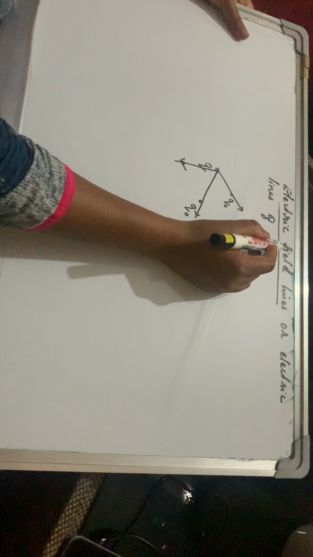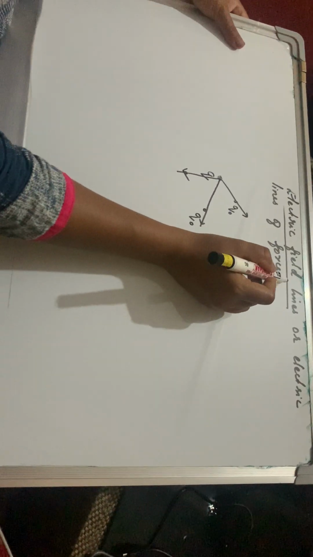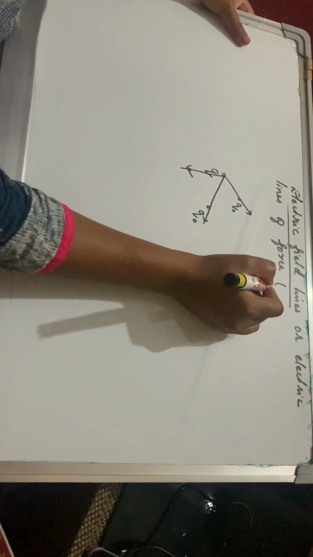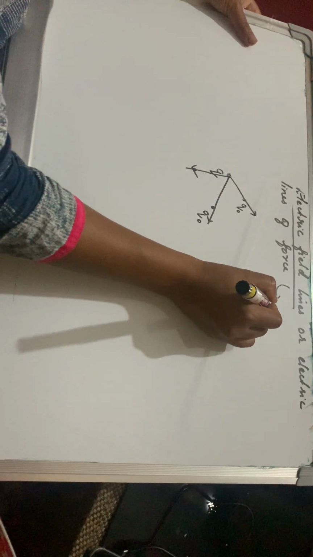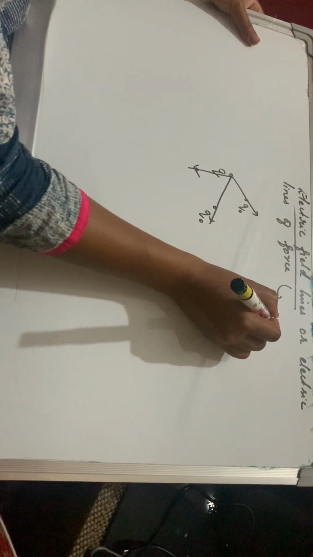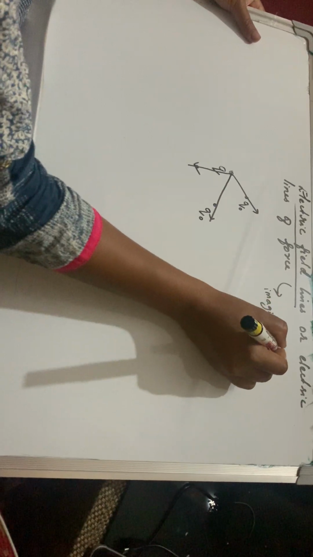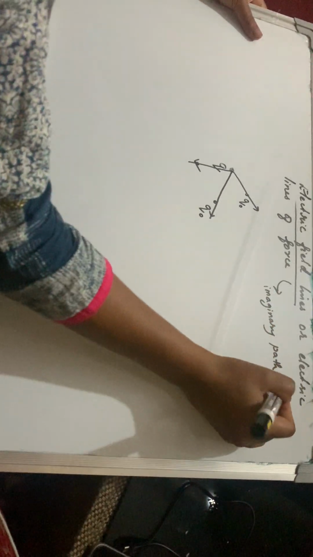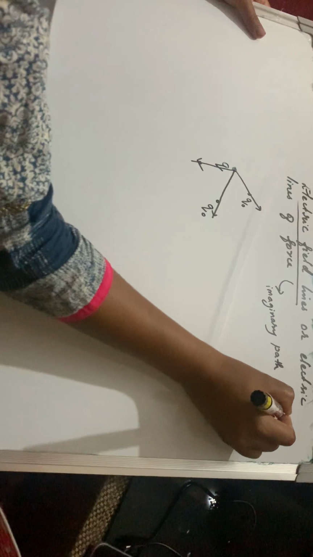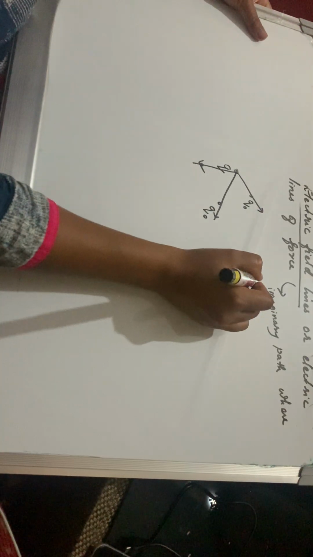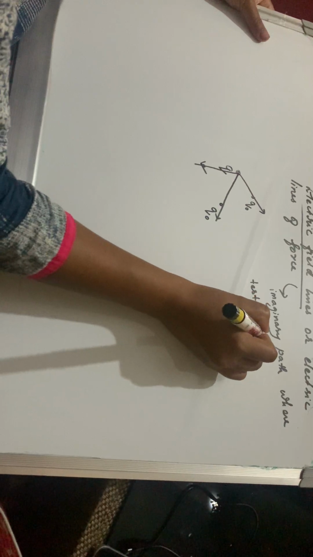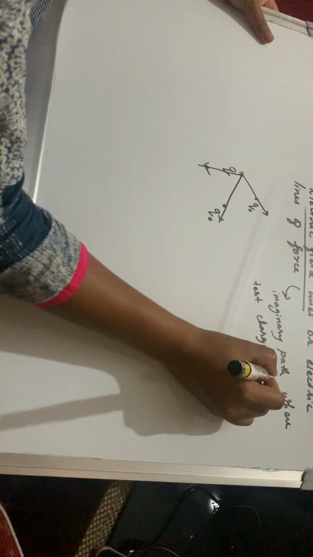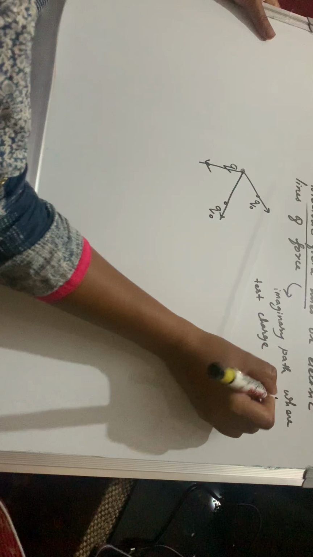So electric field lines, I have given you a note. It is the path, I repeat, it is the imaginary path where the mouse, the test charge, will move, if it is allowed to do so.